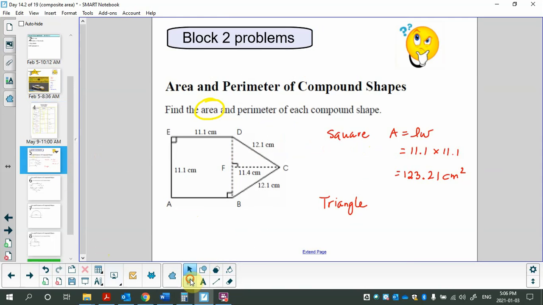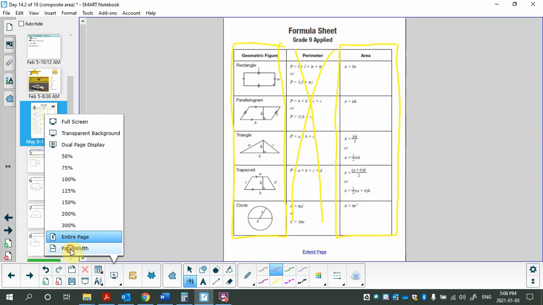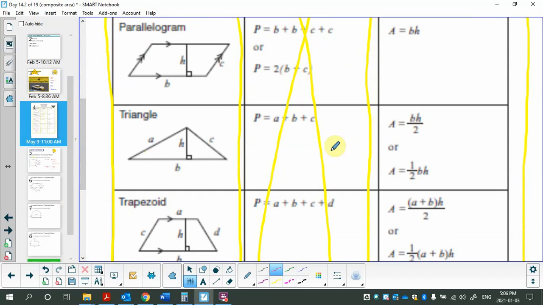So I'm going to write that down. And if you can't see it on this sheet, you need to dig out your own sheet and look at it there, because they're all written for you. Now I'm going to blow this up a little bit, because to be able to see that, you need to know that the B and the H for the triangle have to be connected with a little box saying it's a right angle.